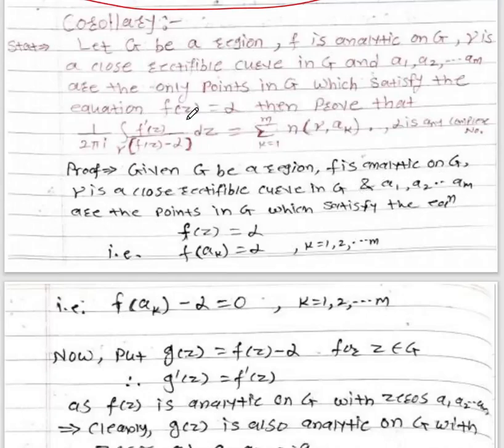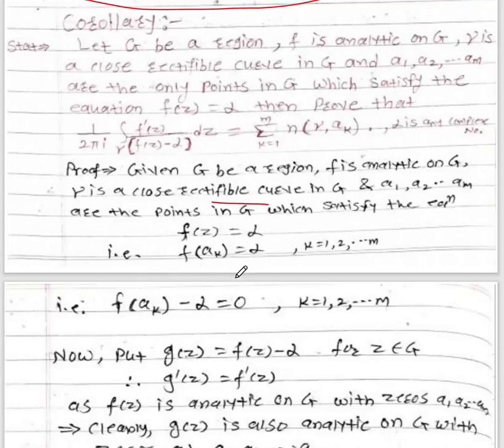So this is the corollary. Now we will see the proof of this corollary. What is given? G is a region and f(z) is analytic on region G, gamma is a closed rectifiable curve in region G, and a1, a2, up to am are the points in region G which satisfy the equation f(z) equal to alpha.